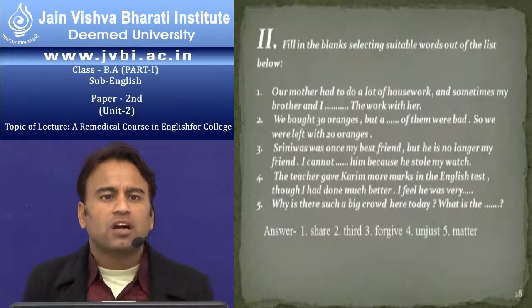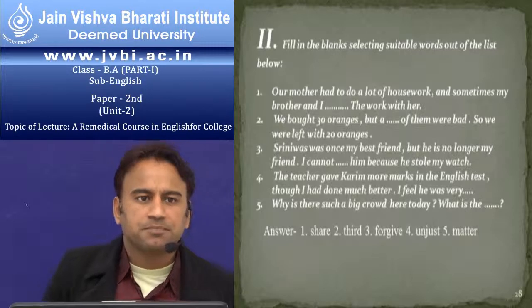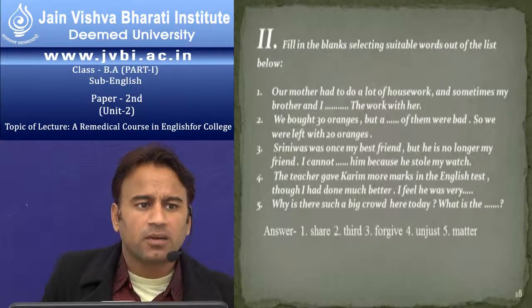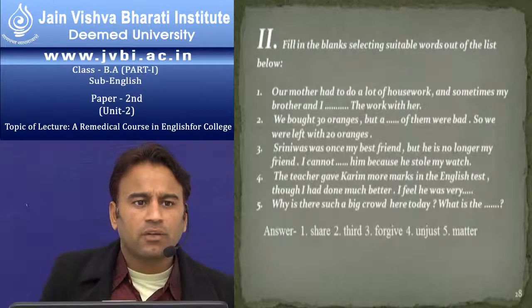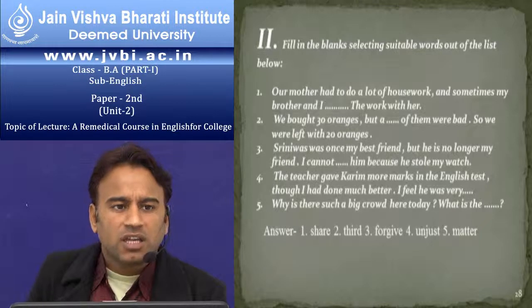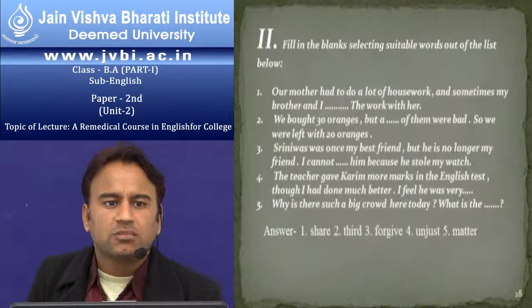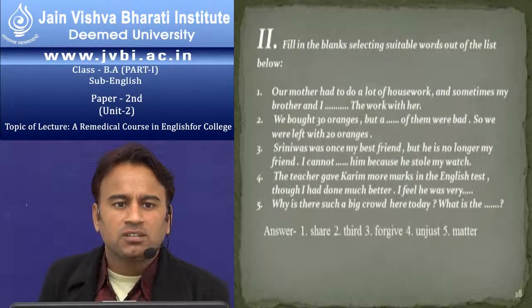So a third of them, or 10 of them, were bad. Srinivas was once my best friend, but he is no longer my friend. I cannot forgive him because he stole my watch. The teacher gave Karim more marks in the English test, though I had done much better. I feel he was very unjust.